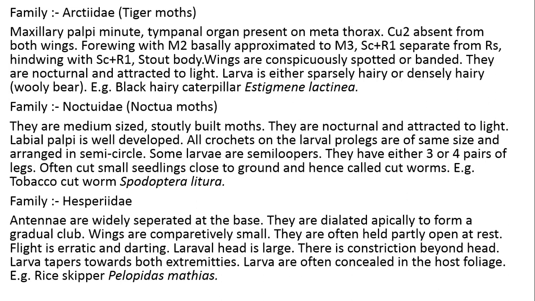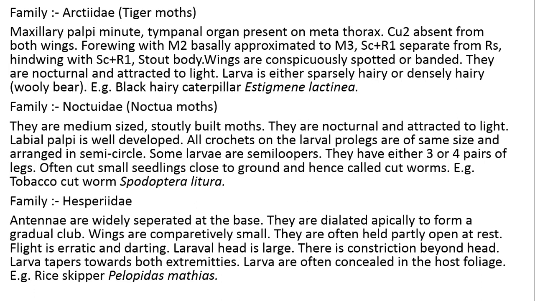They are nocturnal and attracted to light. Larvae are either sparsely hairy or densely hairy, woolly bear. Example, the black hairy caterpillar, Amsacta lactinea, is the example of this family.